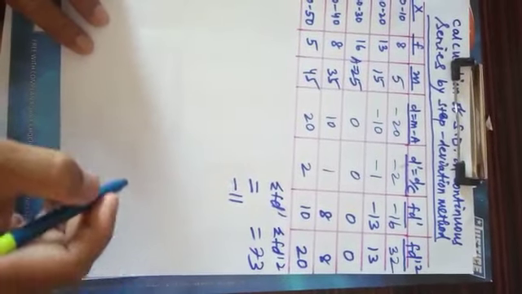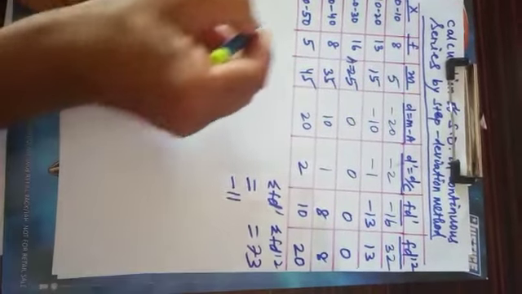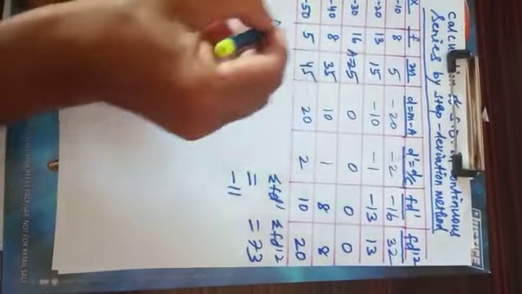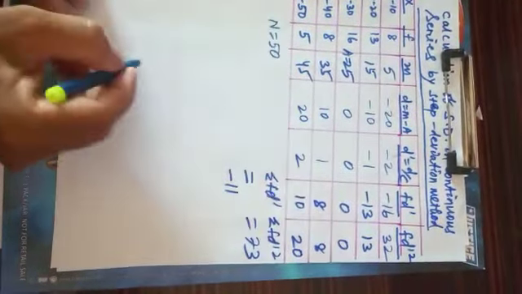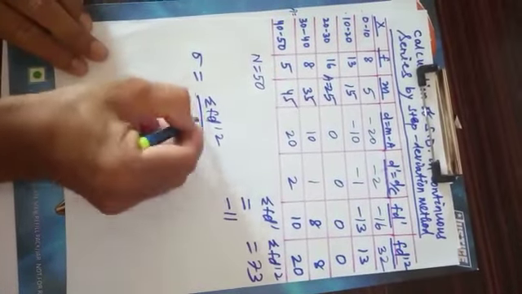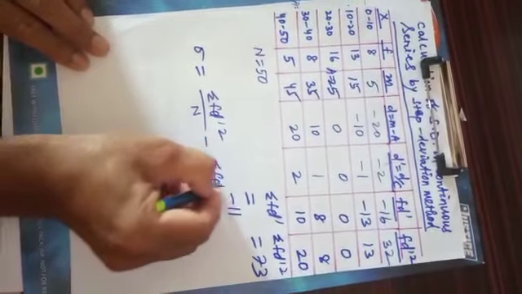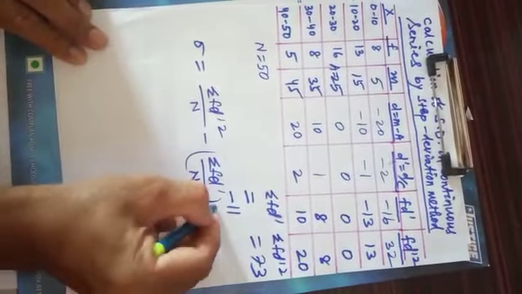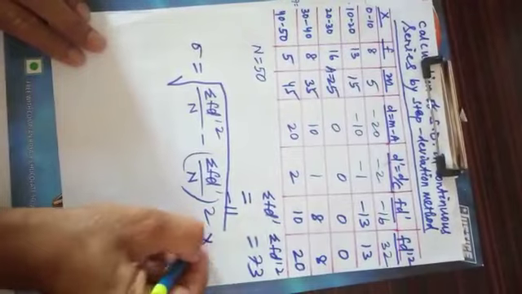So when we add all these, summation f d dash square comes to 73, and summation f d dash comes to minus 11, and the number of observations n, that is sigma f, is 50. The same formula is applied: square root of summation f d dash square by n minus summation f d dash by n whole squared, into c.